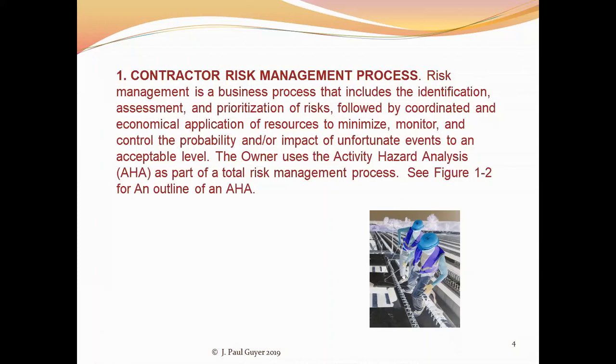There's a 1 to 10 seriousness of the consequences of this particular incident or hazard taking place. You add the two numbers together and you come up with a rating, if you will, for that particular hazard. And you can then just stack them up in a list, and that's your priorities.